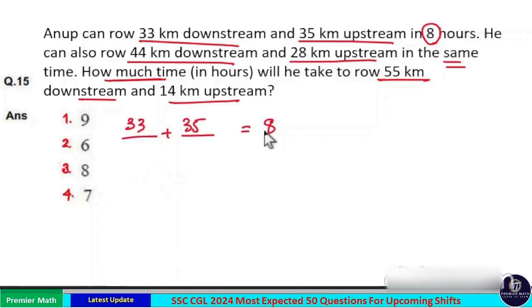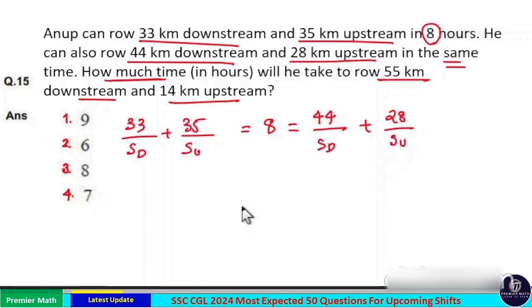And here, time means distance by speed. So, this is downstream speed and this is upstream speed. Now, he takes the same time to row 44 km downstream and 28 km upstream.